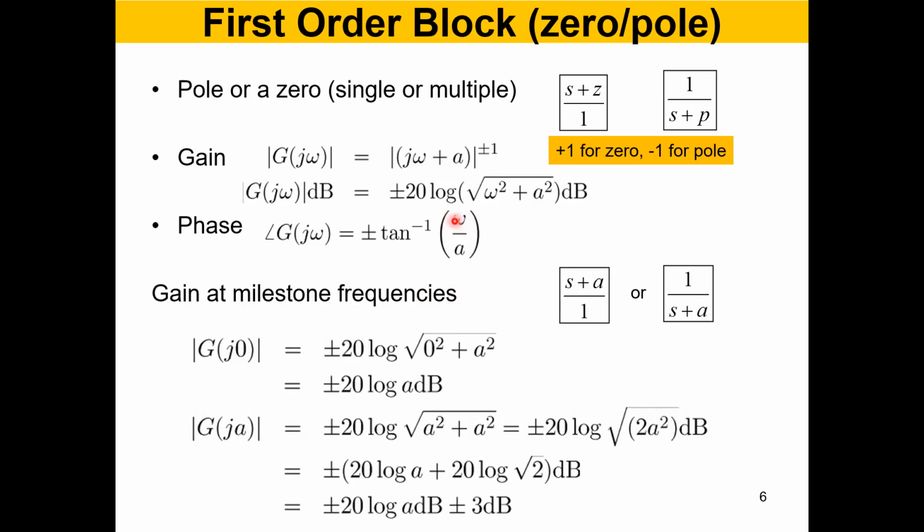0. So then it becomes square root of 0 square plus A square, this is the magnitude, and you take the log of that and you multiply by 20 and you say dB. Now, this is equal to 20 log A, because the square root of A square is A. So it is 20 log A decibels.